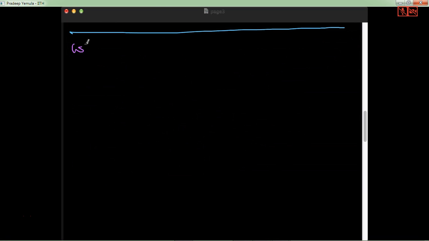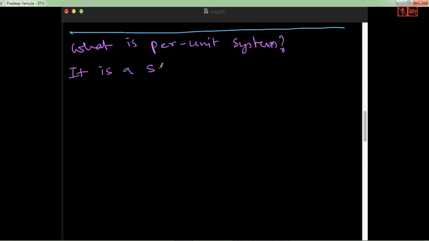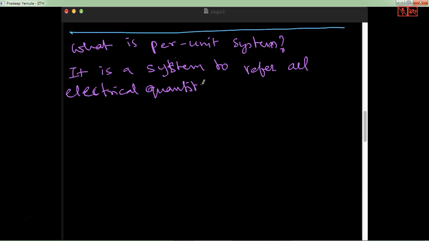So first of all, what is the per unit system? It is a system to one base quantity.